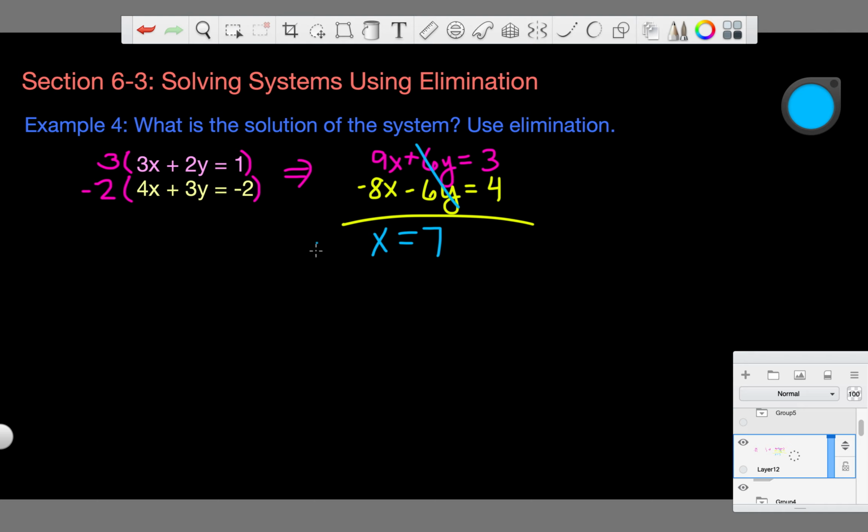So in order to find y, let's just plug it into this yellow equation. So we have 4x plus 3 times y. Oops, I'm really sorry. We have 4 times x, which is 7, plus 3y equals negative 2. 4 times 7 is 28, plus 3y equals negative 2.